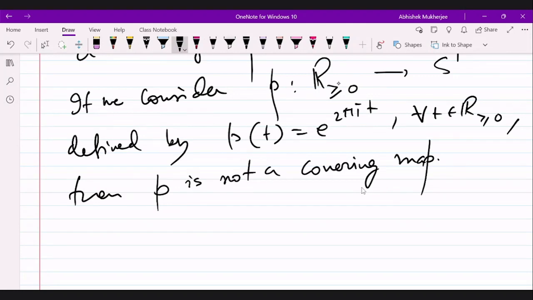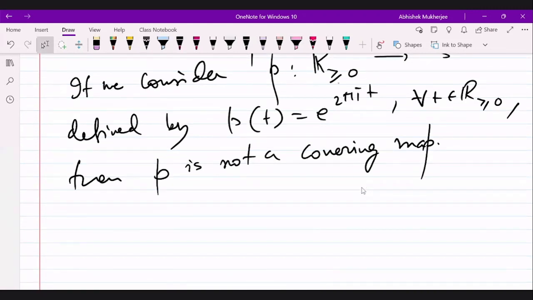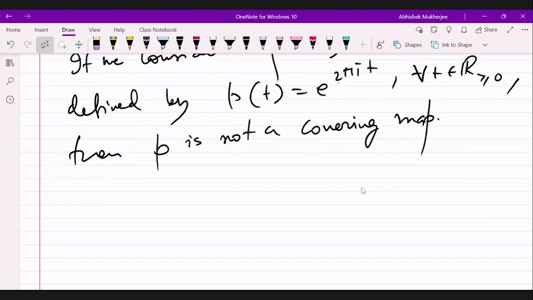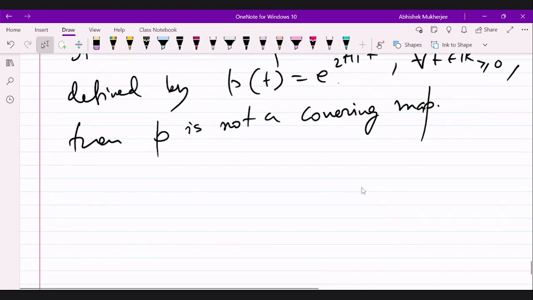Okay, but interestingly, it has a very nice feature which is named local homeomorphism. What does it mean?